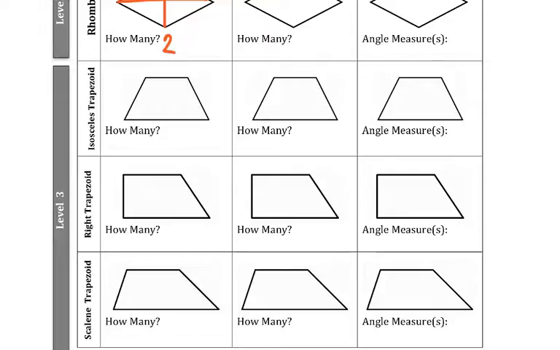Why don't I go backwards this time? So an isosceles trapezoid not only has the parallel lines like this, but we are going to have the same angles at the bottom, and also these sides are going to be the exact same length too. So we've got a lot of good information here.